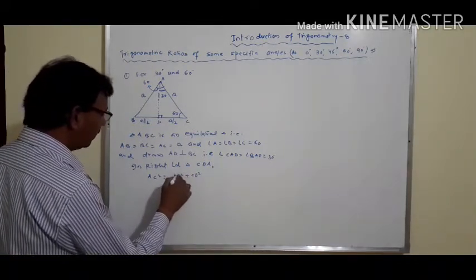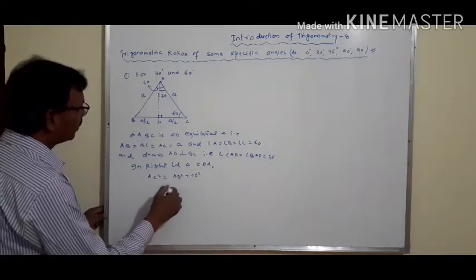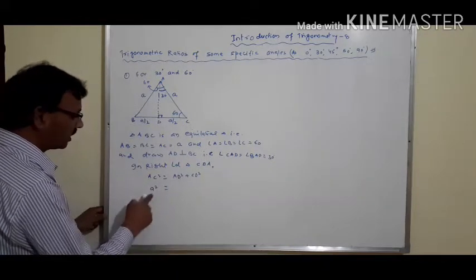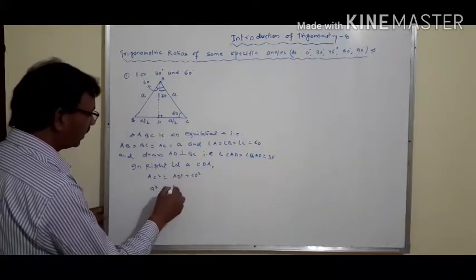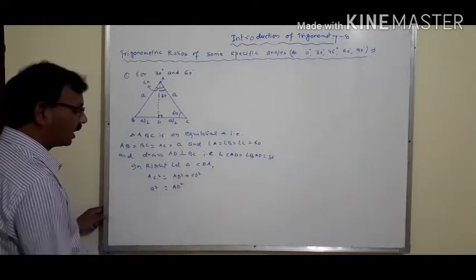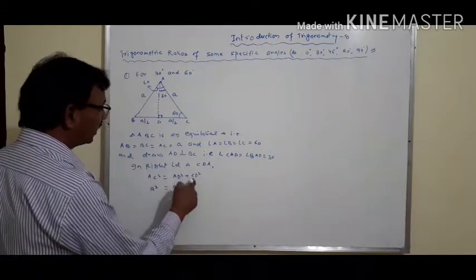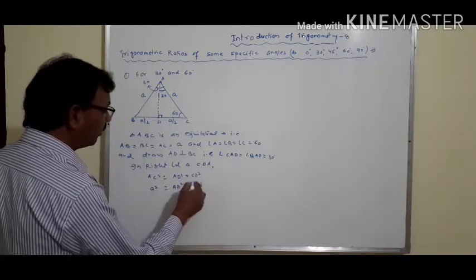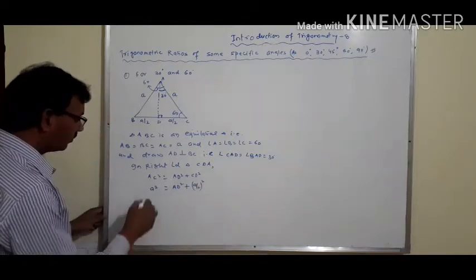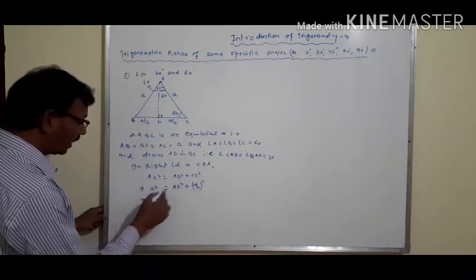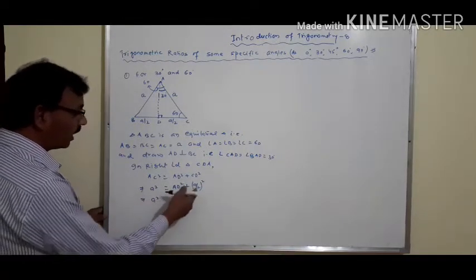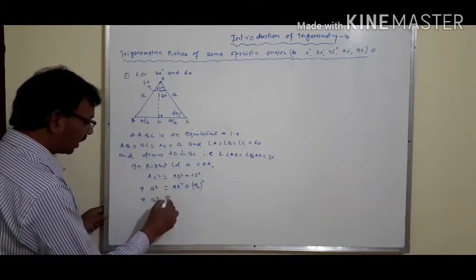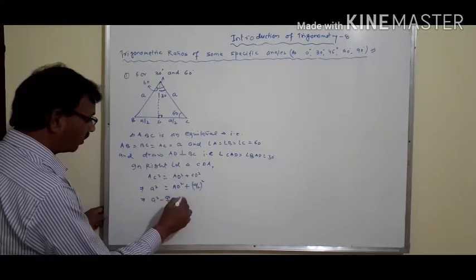This is the AD. Now putting the value of AC, AC square means a square, AD is the unknown, so we write AD square, plus CD square, which means a upon 2 whole square. Now you can write this a square and transfer a upon 2 whole square to the left side. This will be a square minus a square upon 4 equal to AD square.